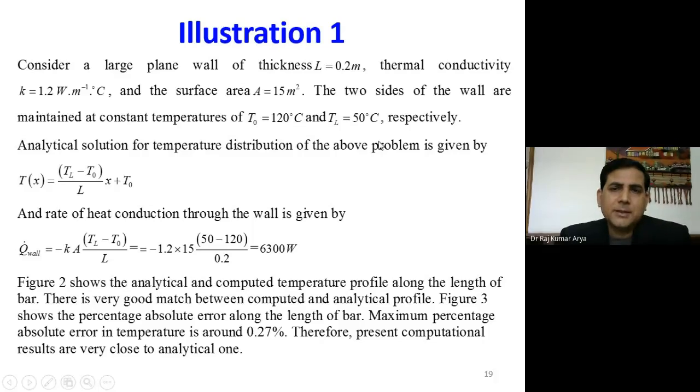The two sides of the wall are maintained at constant temperatures T0 equal to 120 degrees Celsius and TL equal to 50 degrees Celsius respectively. Because if you want to solve the one dimensional problem, you can solve it analytically also, right? If you solve it analytically, you will get this particular expression for temperature, correct?